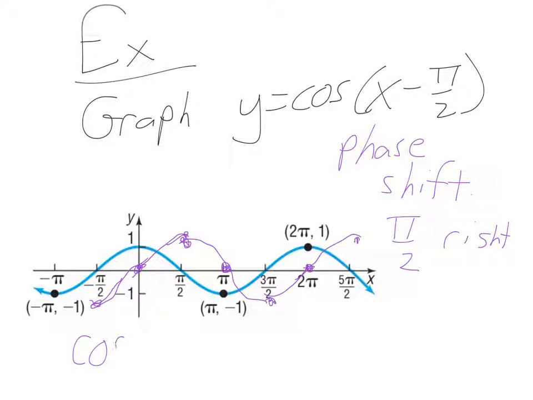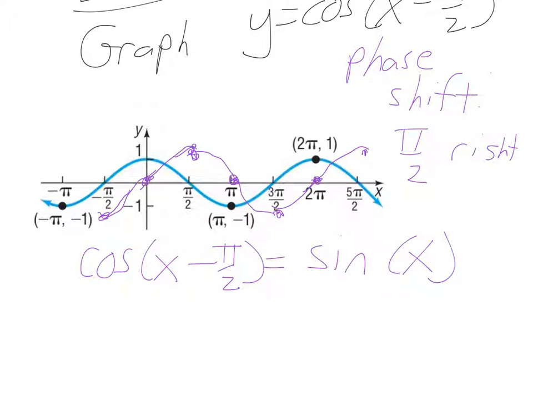So the cosine of x minus pi over 2 is actually equal to the sine of x. That's why whenever we shift a cosine graph around, we can call it a sinusoidal function as well, instead of cosinusoidal, because a cosine is just a phase shift of the sine function.